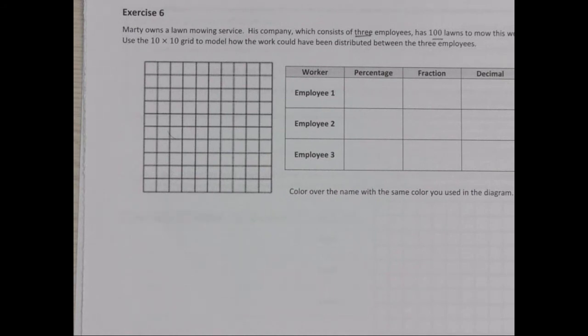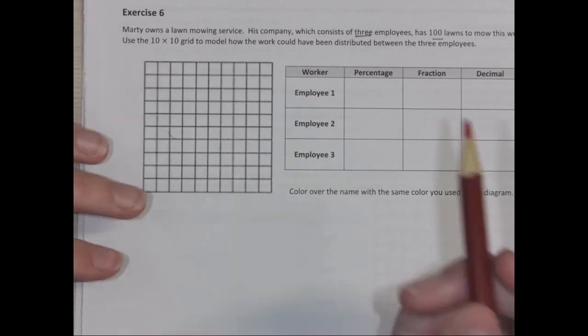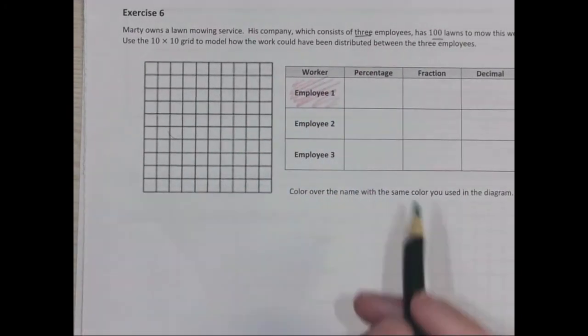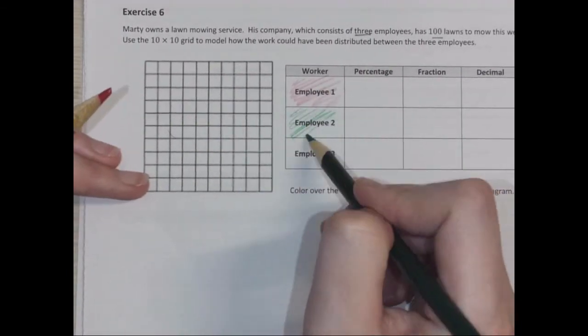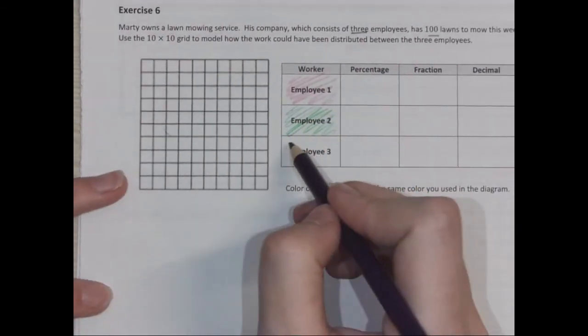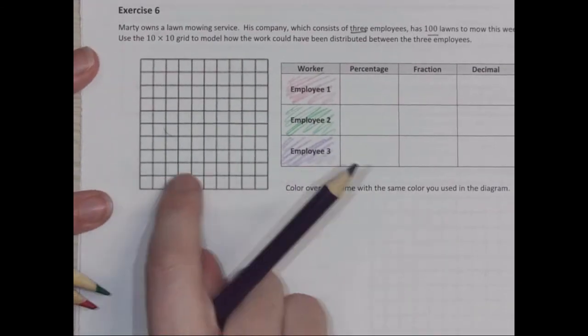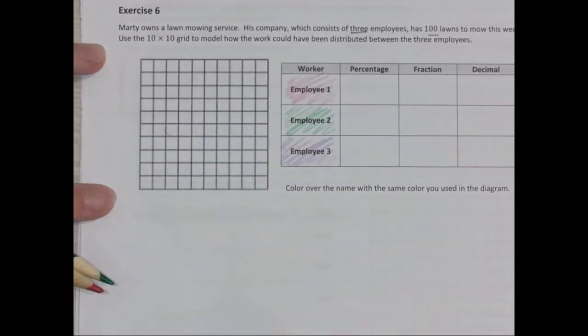Now, we're going to assign each employee a color, okay? So, here's 1 employee, 2, and 3. And then we're going to shade in this model to represent who does how much work out of the total 100 lawns.